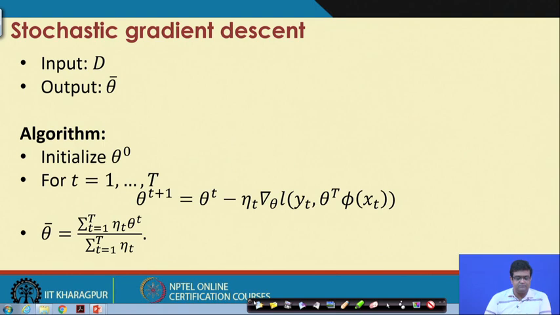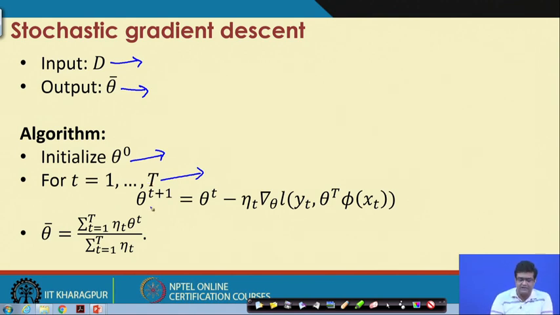And this is the algorithm. The algorithm is you have the input theta, input D, and you have to output theta bar. Okay. Now, this is your output learned parameter. You initialize the parameter theta to theta 0, and then you run this algorithm for capital T many time steps. Okay.